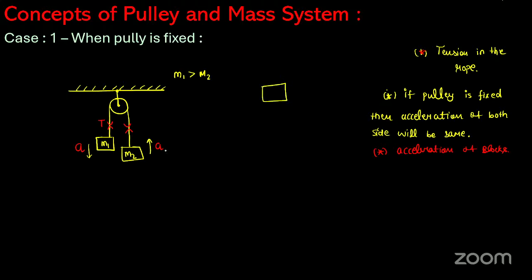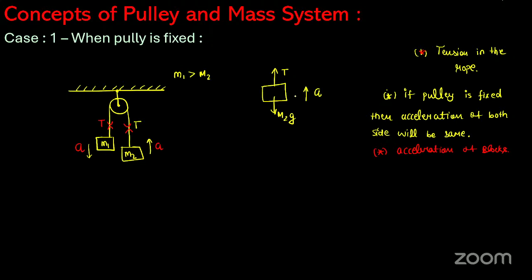Now let us draw the FBD of M2. We know that M2G, the gravitational force, or you can say the weight force, acts in the downward direction. Upward there will be a tension, because this block is pulling down and trying to stretch this rope. The stretched rope will also apply a force in the upper direction, which is tension. As the system moves, this block is moving up with an acceleration.